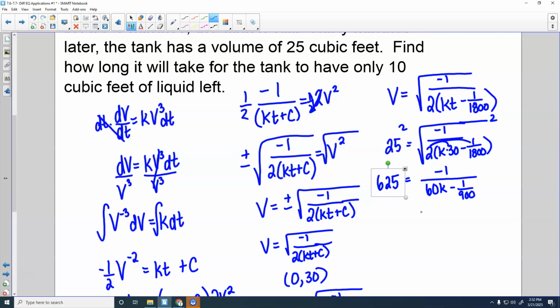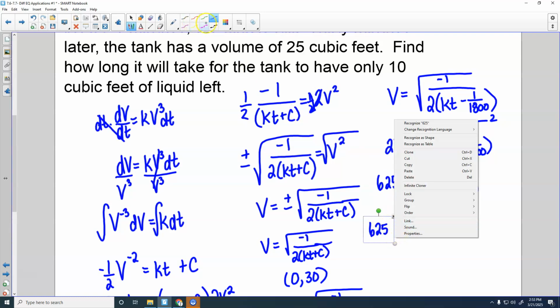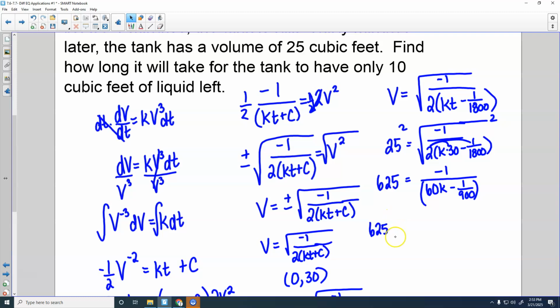All right, how do I solve this? Multiply by this bottom stuff because you can't solve for it while it's in the bottom. So that'll look like this. We'll get 625 equals negative 1 times (60K minus 1 over 900). All right, we're getting close. It's getting better. Distribute.